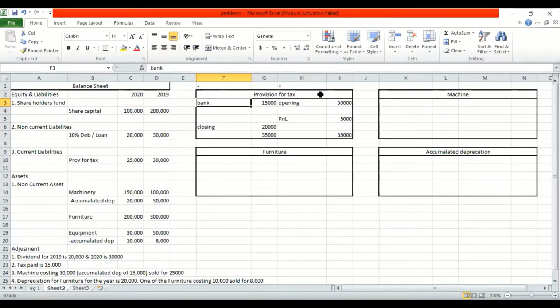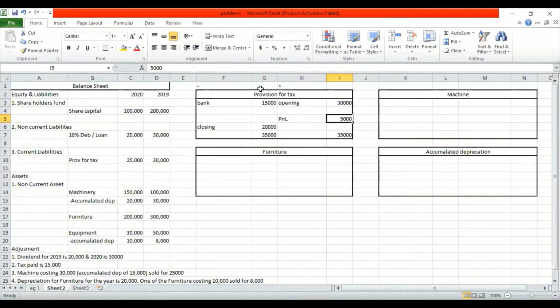That means it is your operating item. So when I say bank minus, it means from operating items you have to minus. If you remember the format, we have tax paid at the end of operating activity. That's what this amount is, 15,000. And on the top, after net profit, there is an item called add provision for tax. That is what 5,000 is, because you are making provision here. I hope this part is clear.